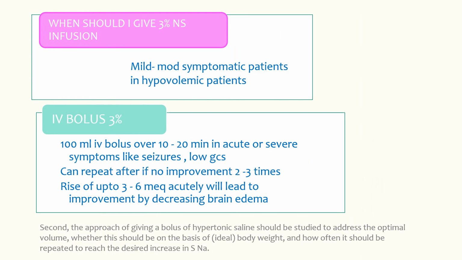So when should I give 3% normal saline? You should give 3% normal saline apart from what I just told you in mild to moderate symptomatic patients in hypovolemia also, an IV bolus in the patients who are acute or having severe symptoms like seizures.